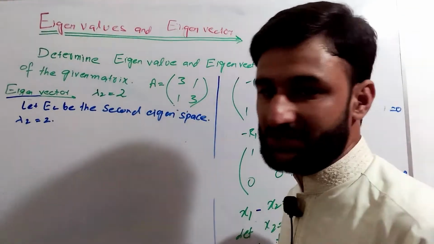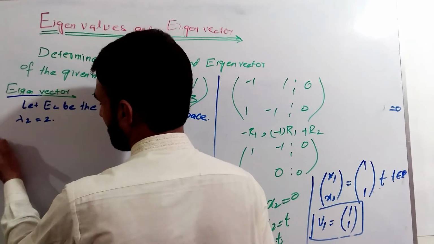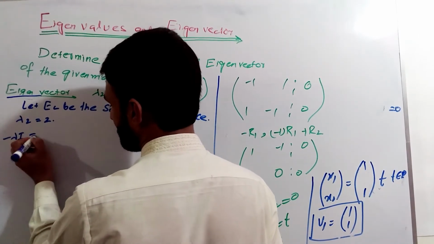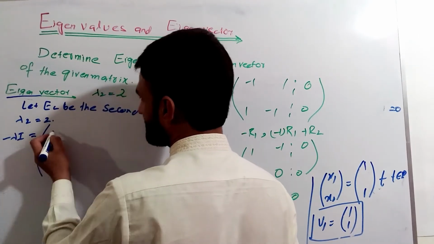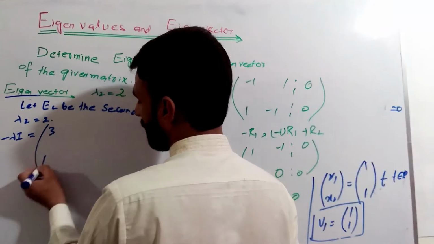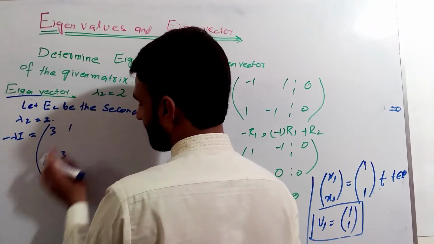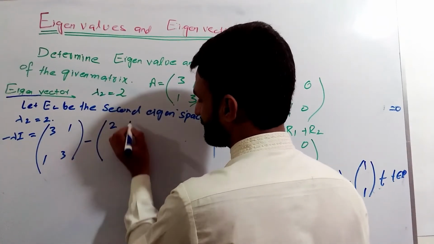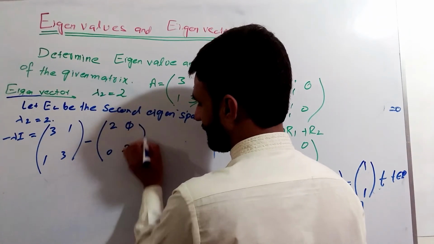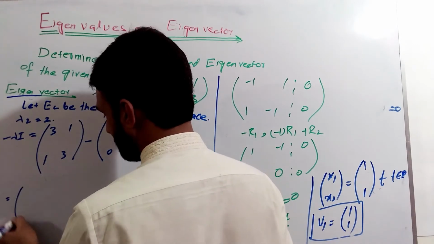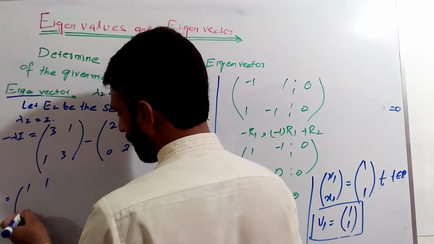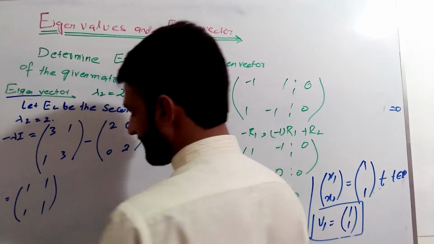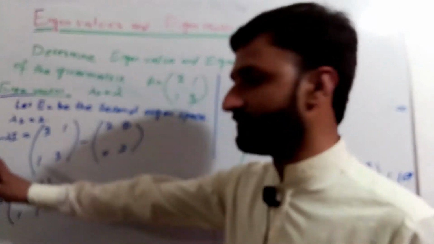So we can write A minus lambda I, which is equal to the matrix 3 1 1 3, minus 2 0 0 2. We have obtained the matrix 1 1 1 1.